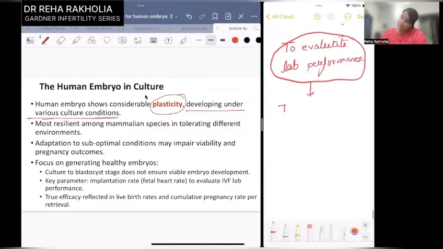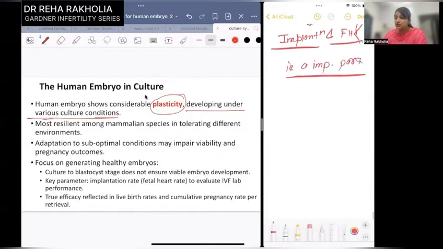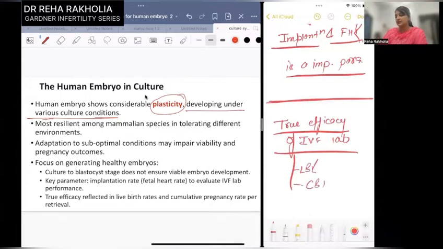Implantation and FHR, fetal heart rate, are important parameters. But if we have to know the true efficacy of an IVF lab, that is decided by live birth rate and cumulative birth rate. Okay.